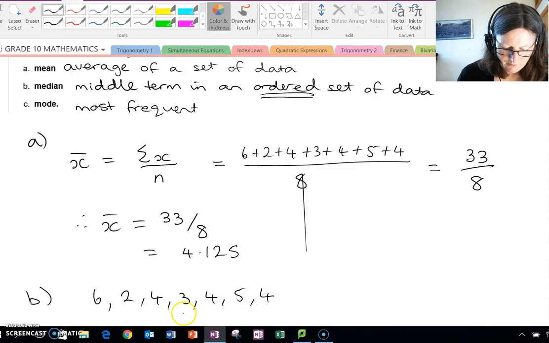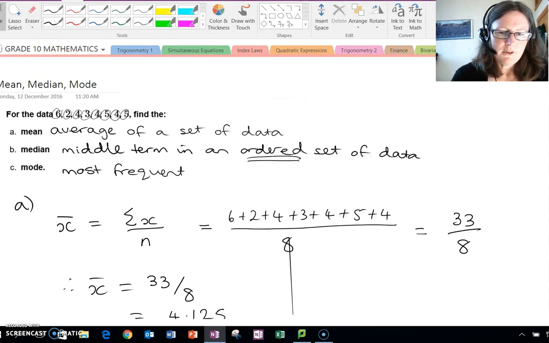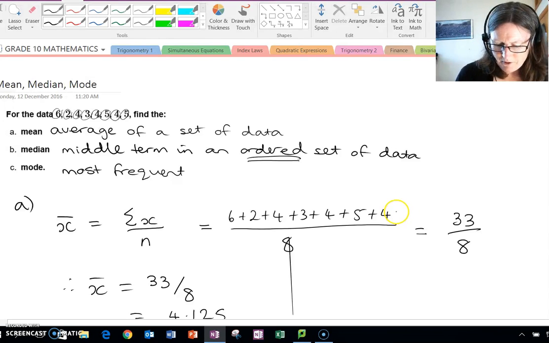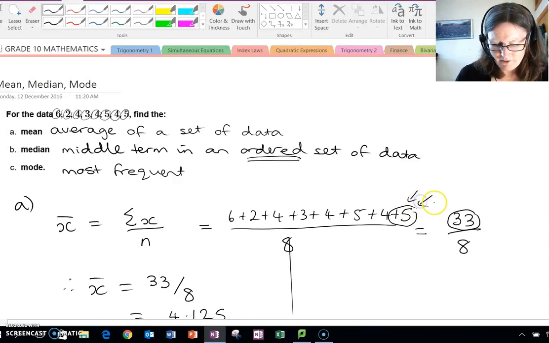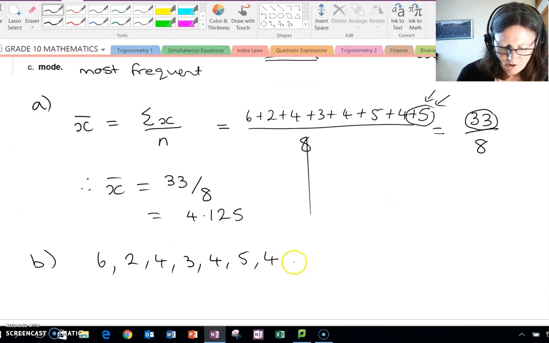And I've forgotten one. 3, 4. Sorry, I just noticed above I didn't add the 5 there. I forgot to write the 5, but I did include the 5 in the 33, so I just missed writing the 5 there. So, writing my 8 scores down. There are my 8 scores.